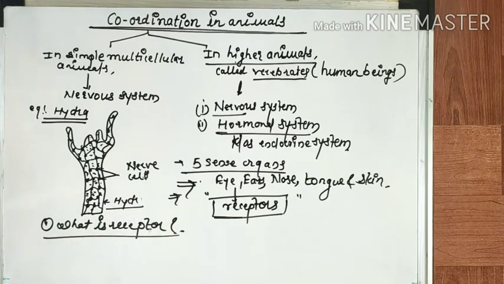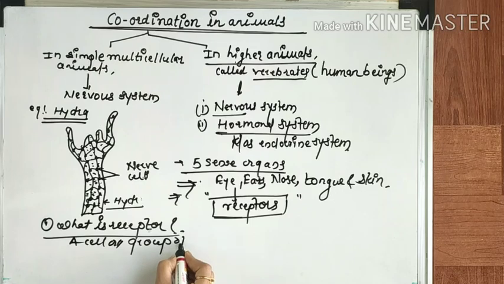Receptor is nothing but a cell. You can say it is a cell, or in other words a group of cells, in the sense organs.